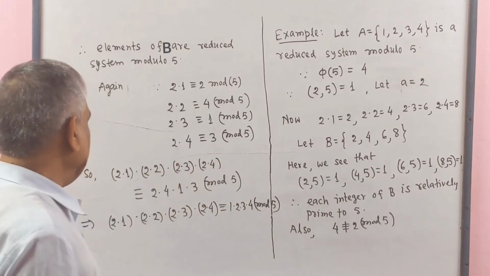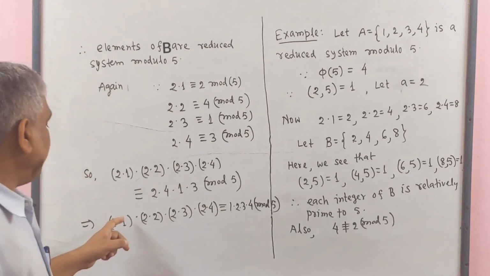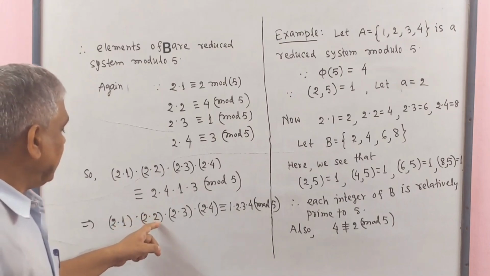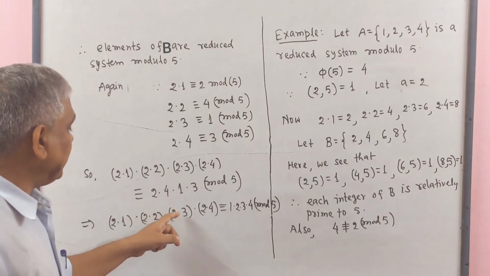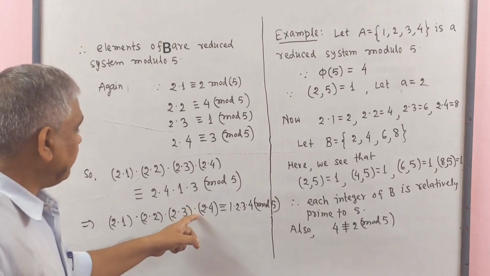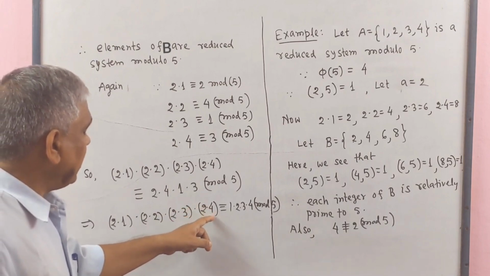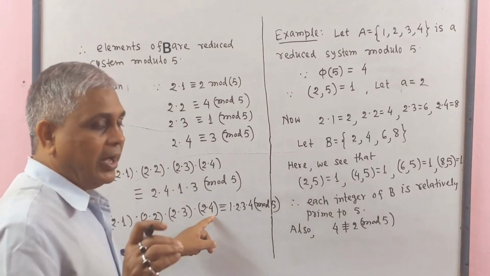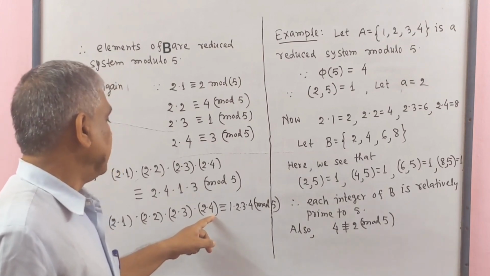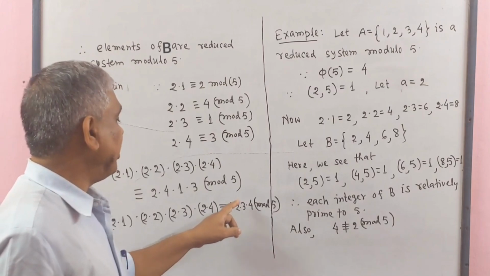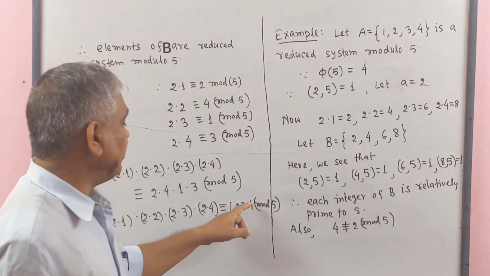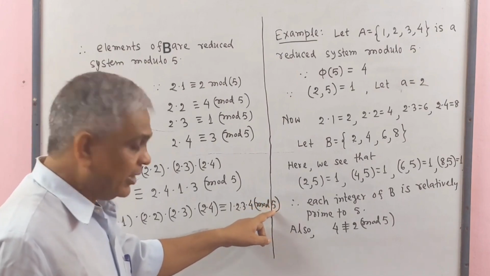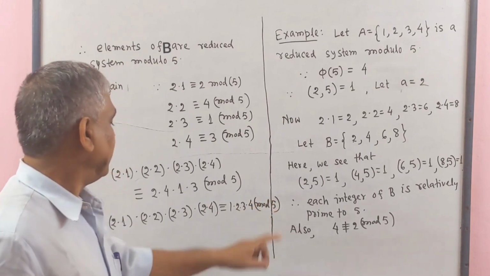Here a r1 multiply a r2 multiply a r3 multiply a r4 is congruent to r1 multiply r2 multiply r3 multiply r4 modulo n.